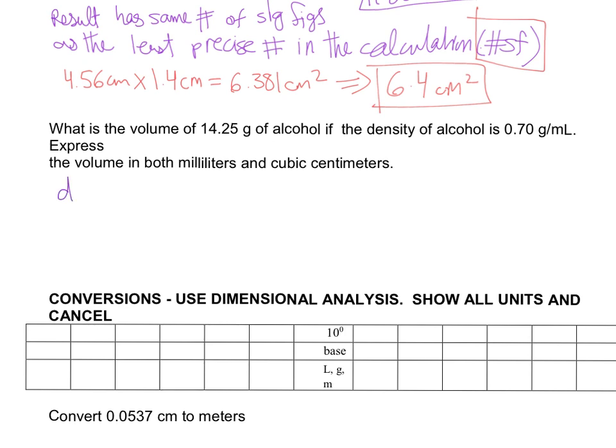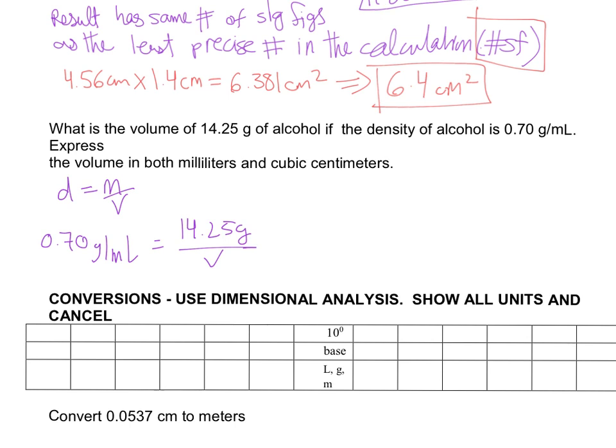So D equals M over V. Our density is given to us as 0.70 grams per milliliter. Our mass is given to us as 14.25 grams. And V is what we're solving for. So you can cross multiply 14.25 divided by 0.70. You punch that into your calculator, and then you round it to the correct number of sig figs.